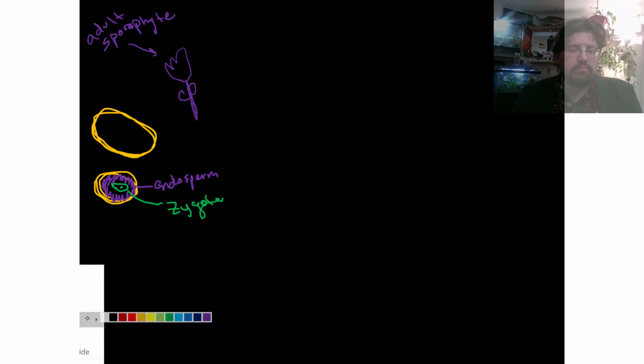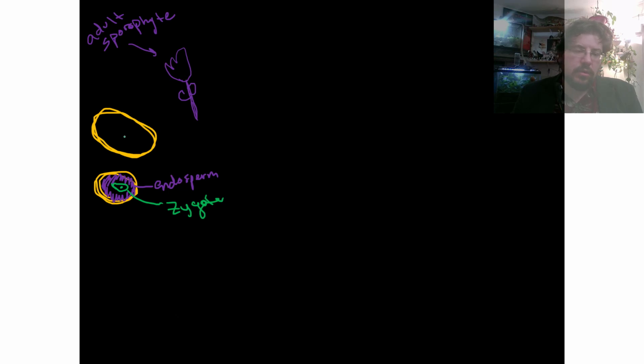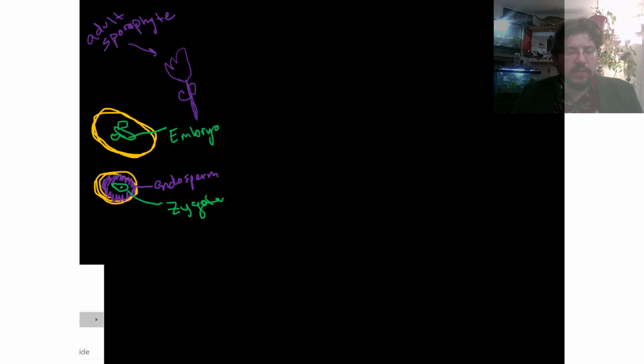That has a full-on embryo in it, surrounded, of course, by our nutrient-rich endosperm, which allowed us to germinate when conditions were right and get to our adult sporophyte.